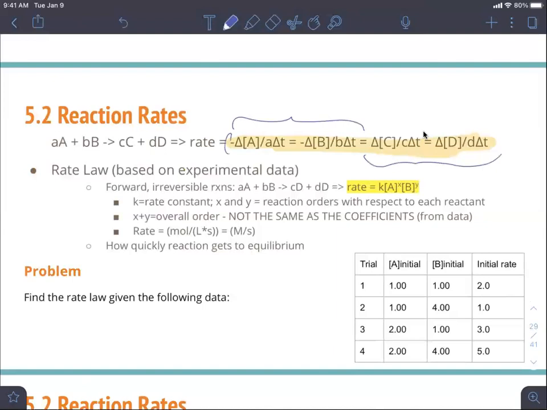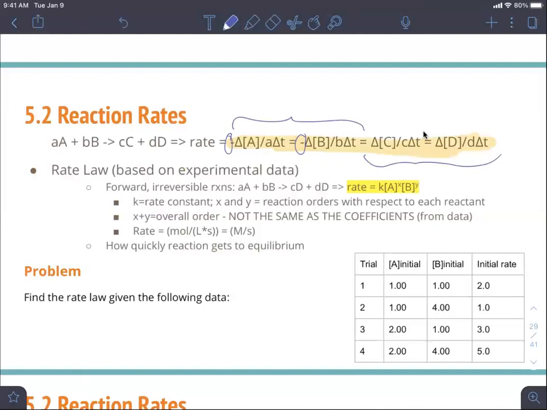You can see there's a negative here. That just means that they're being used up. However, normally we can't just use this because we don't actually know these changes well, because just the nature of an experiment, it's really hard to know how much exactly these things are changing. So what we do is use the rate law.